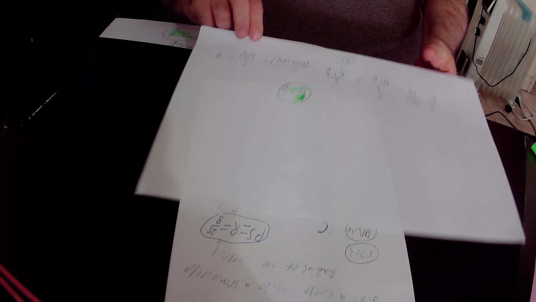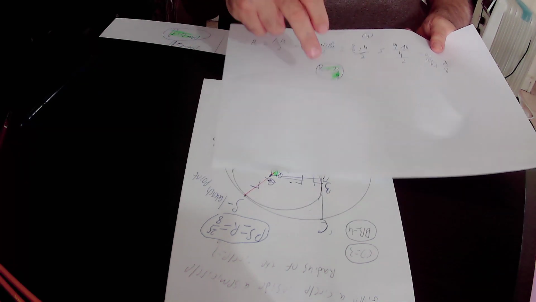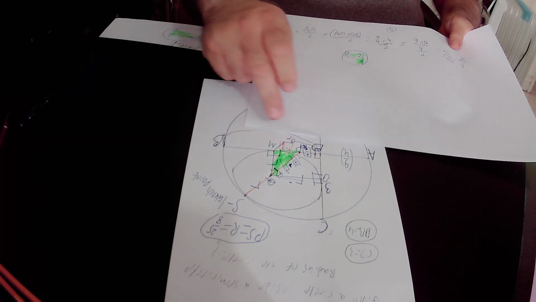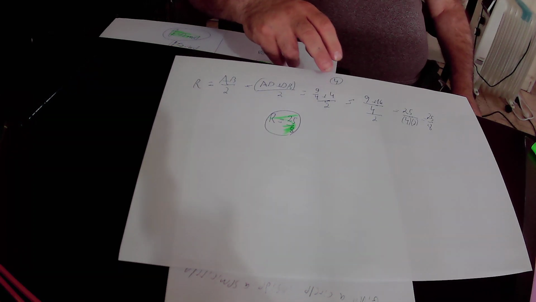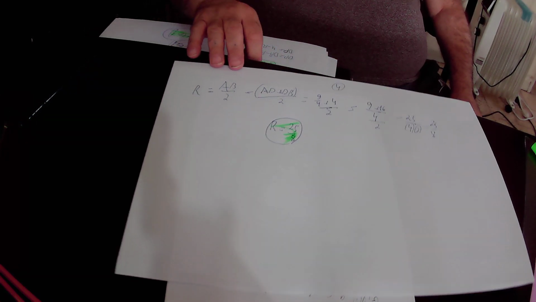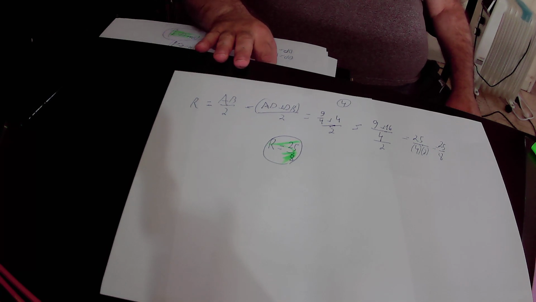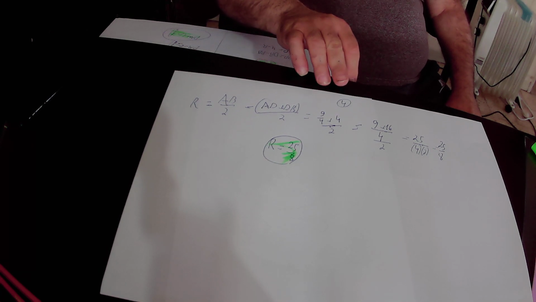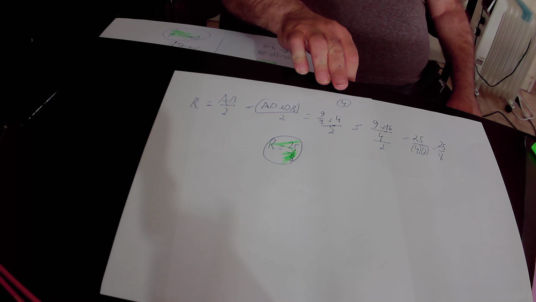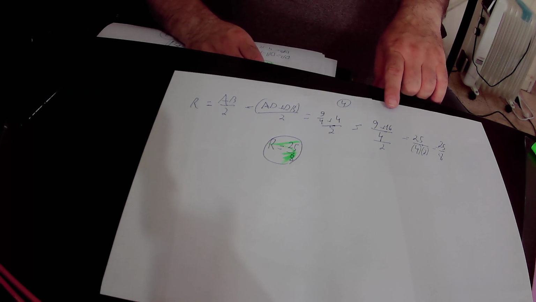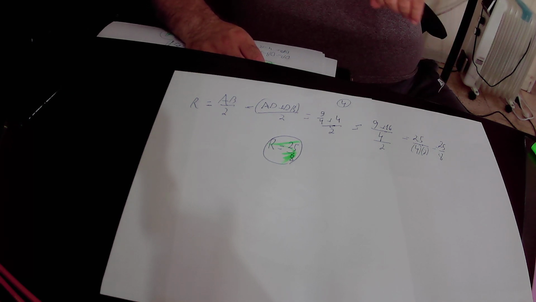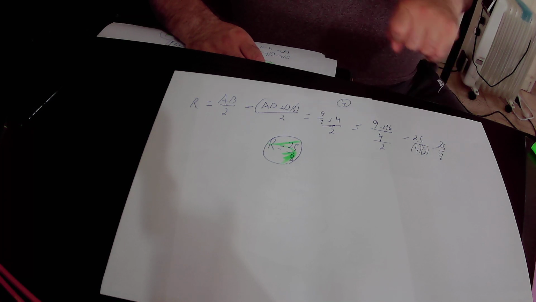We already found out that AD equals 9 over 4, and DB equals 4 units, as given in the question, and if we divide it by 2, we'll get the radius of the big circle. So here we multiplied 4 by 4, and then divided by 4 in order to have a common factor with 9 over 4. And we got that 9 plus 4 times 4, which is 16, over 4, over 2. 9 plus 16 is 25.